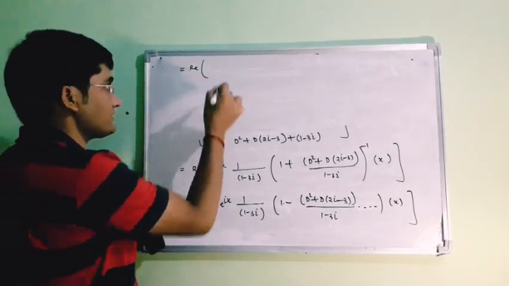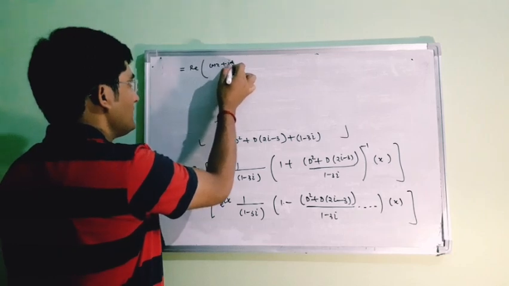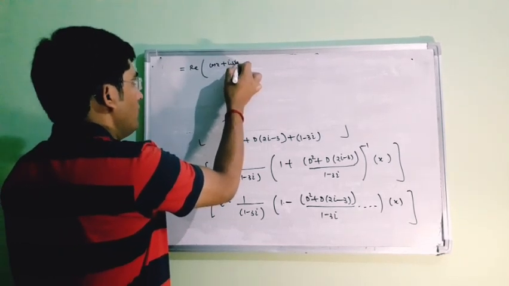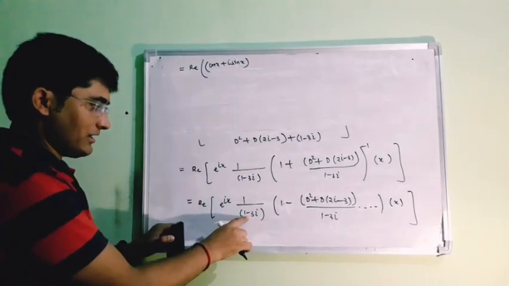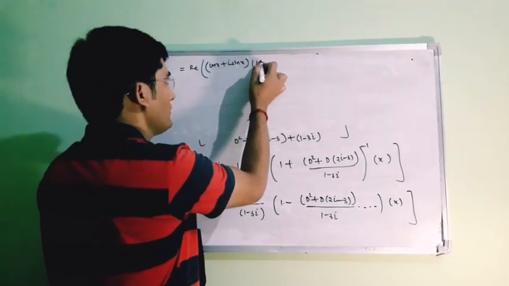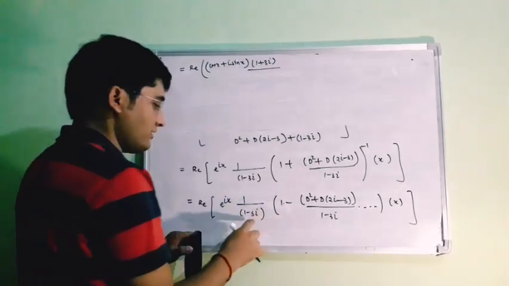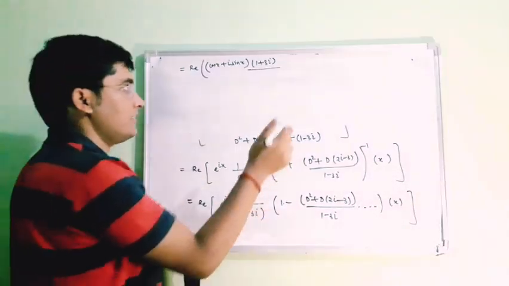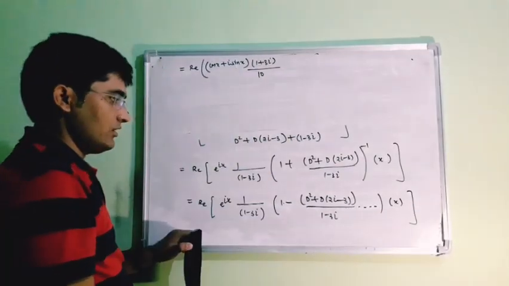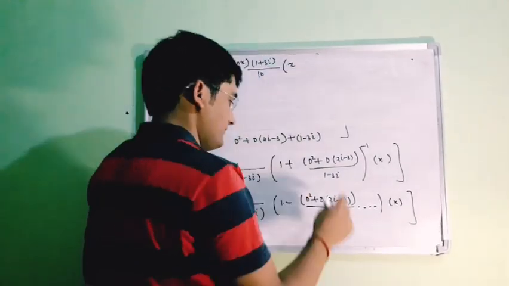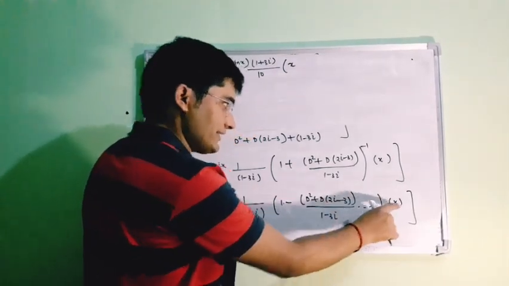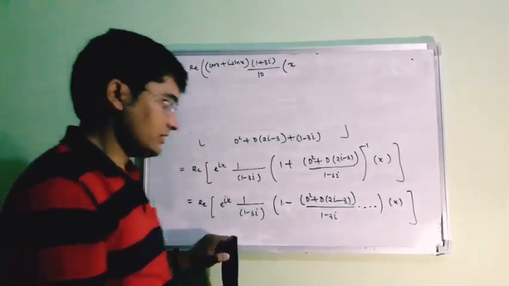Now this e to power ix can be written as cos x plus i sin x. Let us multiply by its conjugate. So this will be 1 plus 3i divided by 1 minus 9i square, and that will be your 10. Now here in the bracket we will have x. Now the double derivative of x will be 0, so that vanishes.